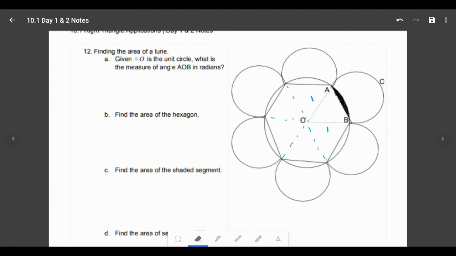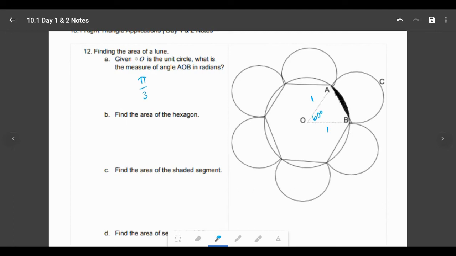And so for those triangles, I know that this guy should be 60 degrees, simply because I do 360 divided by the 6 triangles, and we got 60 for each. Okay, but part A is asking for the angle in radians. So remember, on our unit circle, that would be the angle pi over 3 in radians.